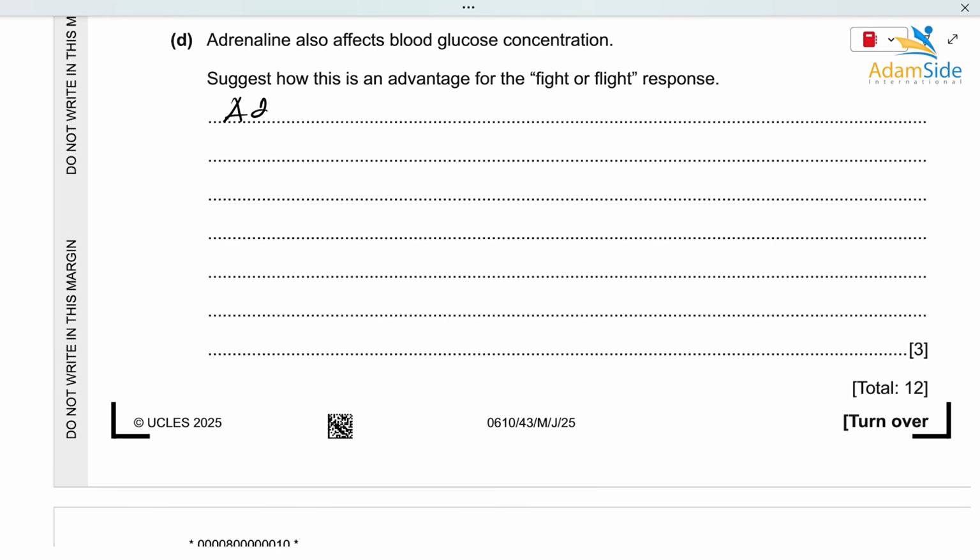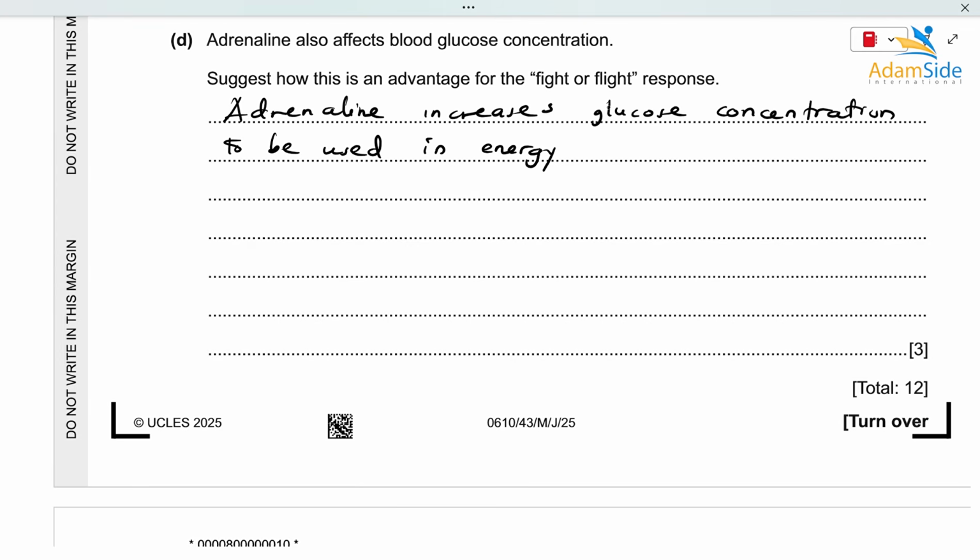So we'll say here, adrenaline increases glucose concentration to be used in energy for respiration that allows muscle contractions.